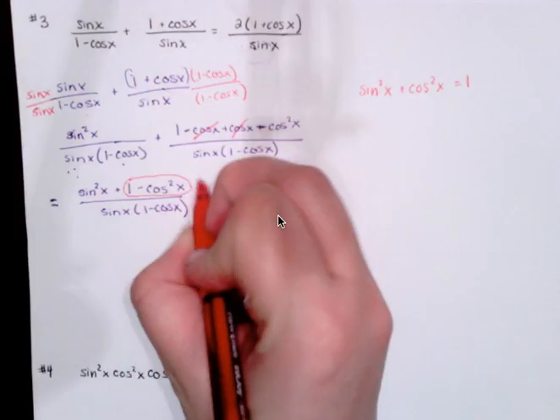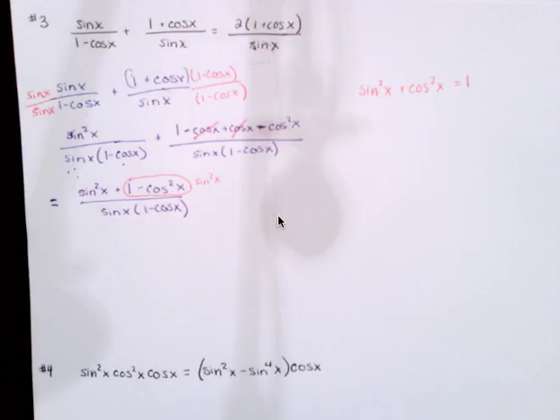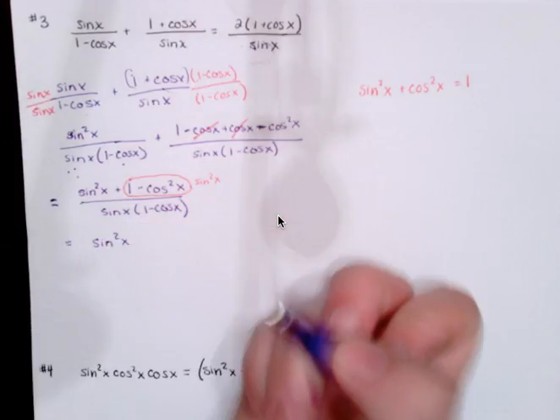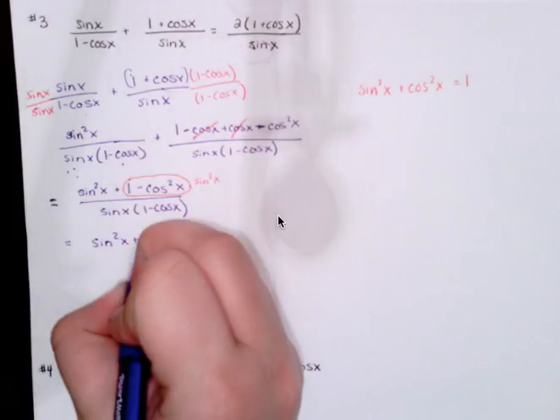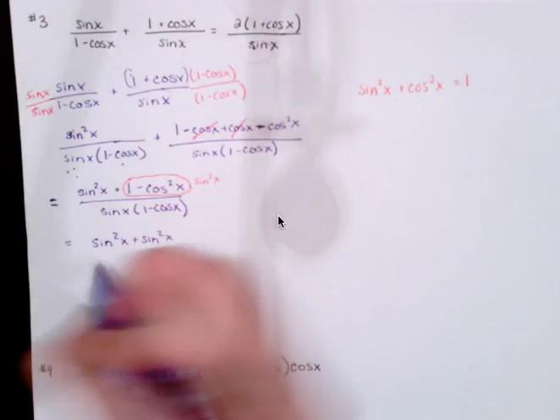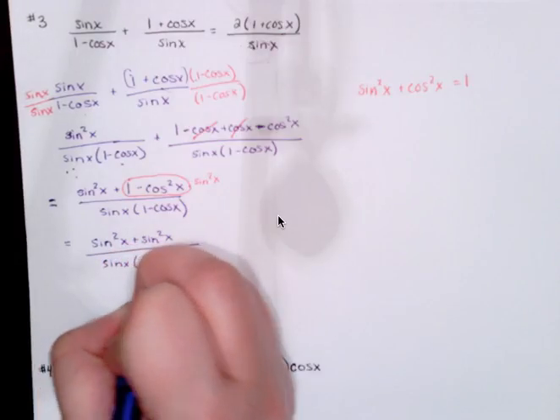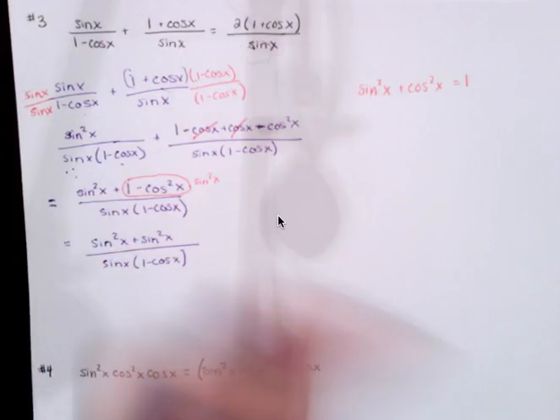This is equal to sine squared. So then I'm going to get sine squared x plus sine squared x over sine of x, 1 minus cosine of x.